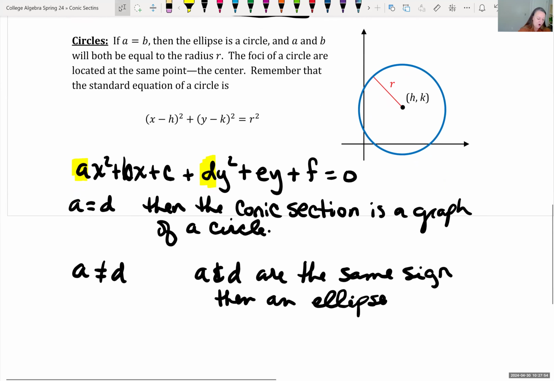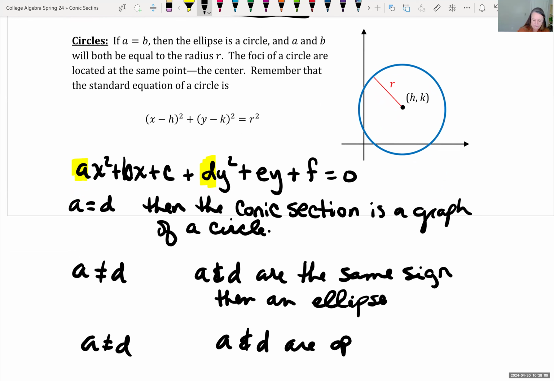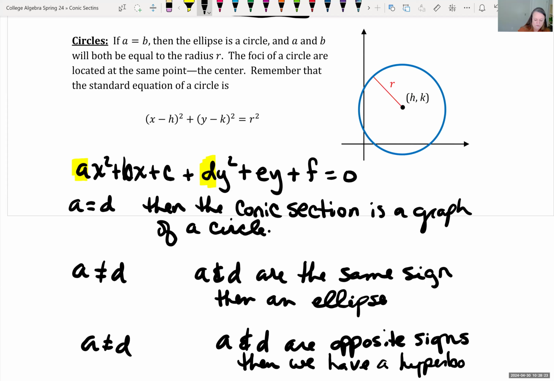If A doesn't equal D and they have opposite signs, so one's positive, one's negative, then we can tell that it's going to be a hyperbola. If we don't have both squares in there, we only have an x squared or only a y squared, then I know it's going to be a parabola.